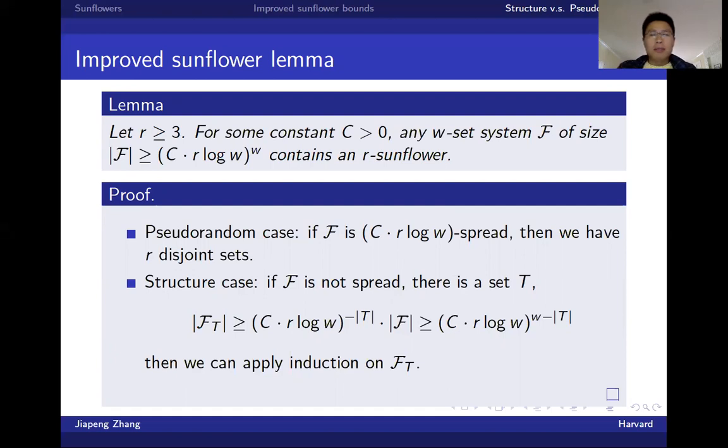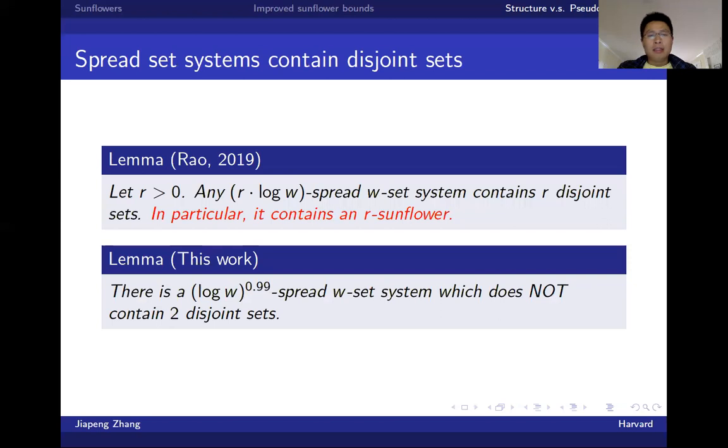Again, the main technical lemma is from the previous slides: any (r times log w)-spread w-set system contains r disjoint sets. The proof of this lemma is based on an encoding argument, which was inspired by Razborov's proof of the switching lemma.